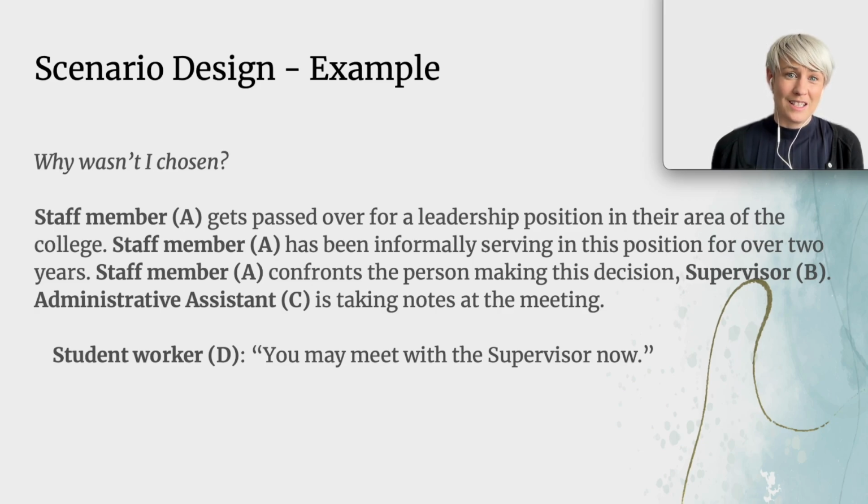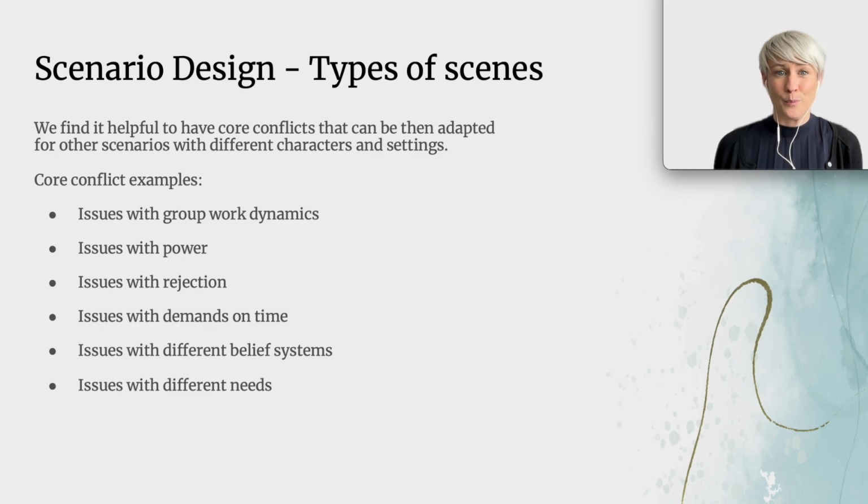There are many different types of scenes, and we find it helpful to have some kind of core conflicts that then can be adapted for other scenarios with different characters or different settings. So you have something to go by. So some examples of core conflicts can be issues with group dynamic. So that would be, for example, being late, ghosting, and not contributing to work.